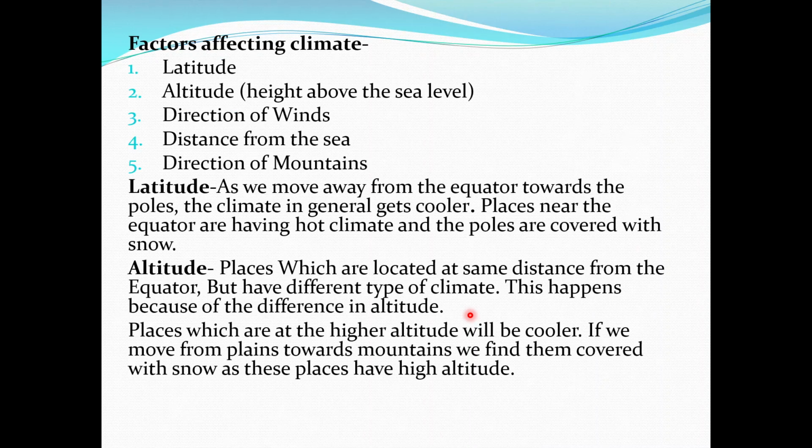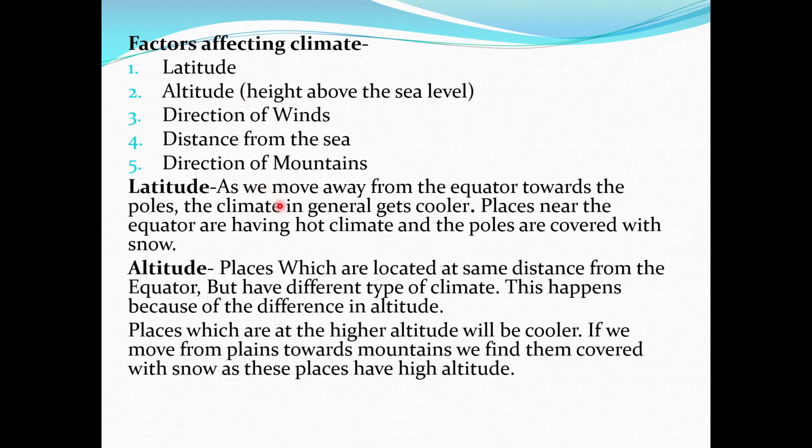Now we will talk about the factors that are affecting our climate. First is latitude. You already know the main latitudes, like the Equator, Tropic of Cancer, Tropic of Capricorn, Arctic Circle, Antarctic Circle, North Pole and South Pole.